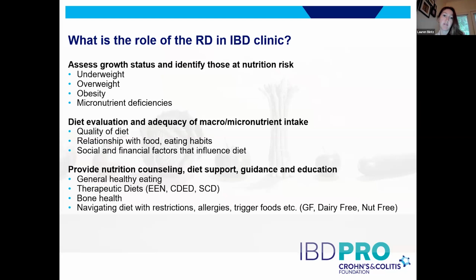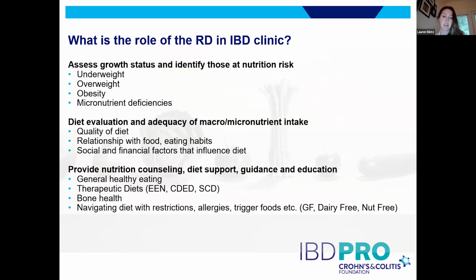I'm often talking about bone health as well, since working in pediatrics, and patients who are taking steroids as well have higher needs of calcium and vitamin D. And then also talking about navigating diet with restrictions, food allergies, and trigger foods, et cetera.